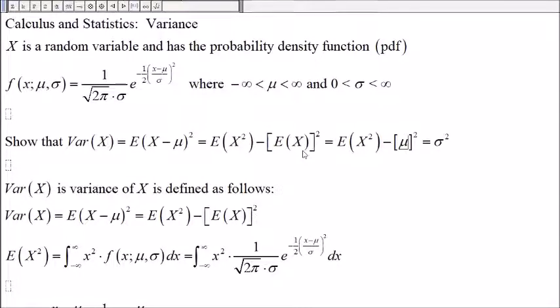Now what we need to find is the expected value of X squared.